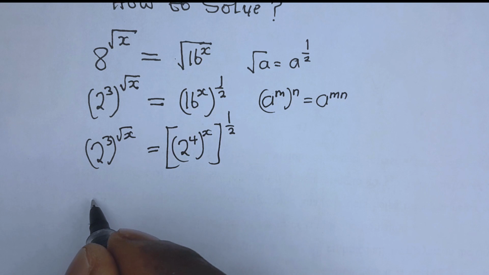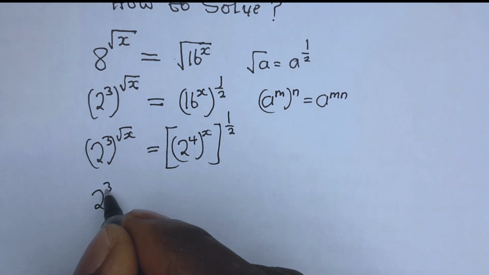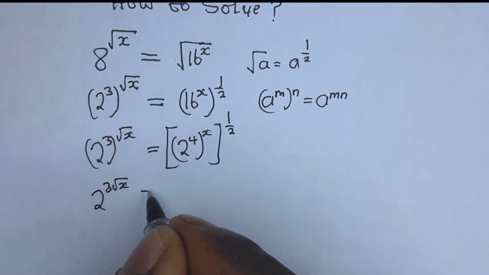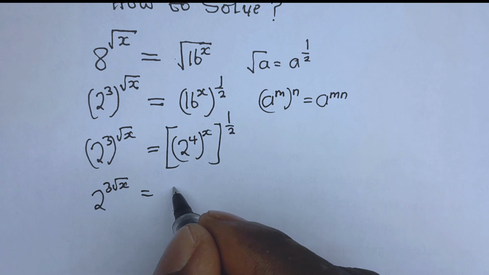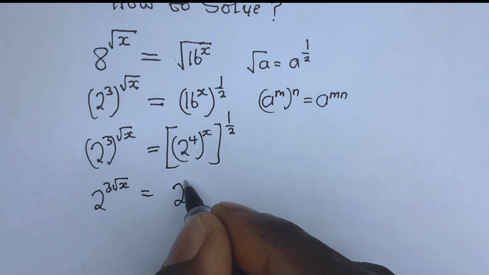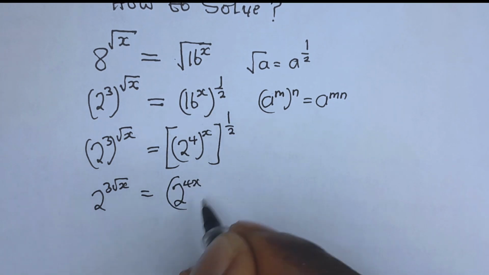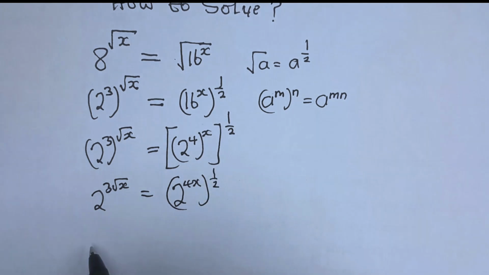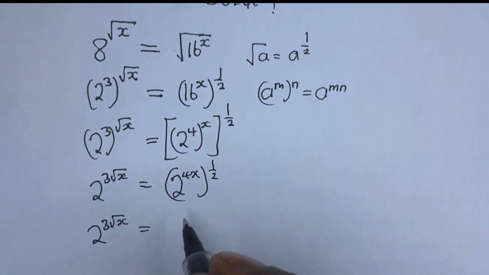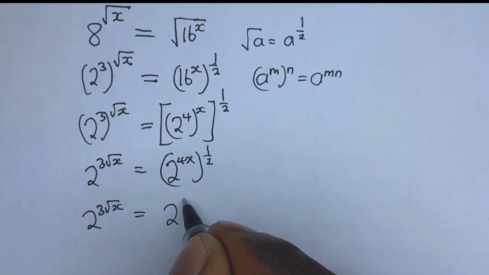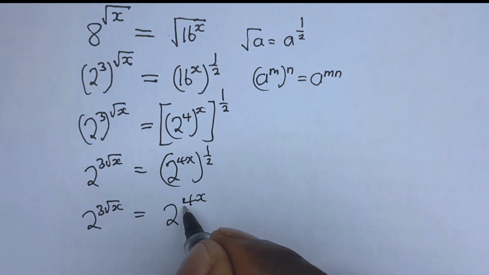Therefore 2 to the power of 3 square root of x, which is equal to 2 to the power of 4x to the power half, and 2 to the power of 3 square root of x is equal to 2 to the power of 4x over 2.